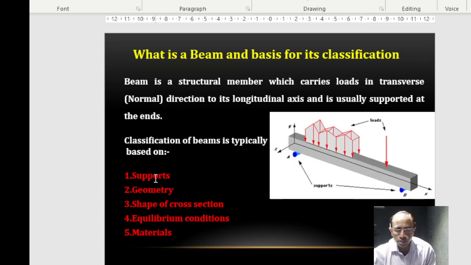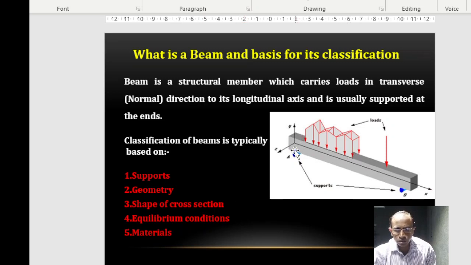So based on supports, then geometry, right? So beam geometry is one basis for its classification. Shape of the cross section, how the cross section looks like, based on that also we can classify the beams. Equilibrium conditions, right?